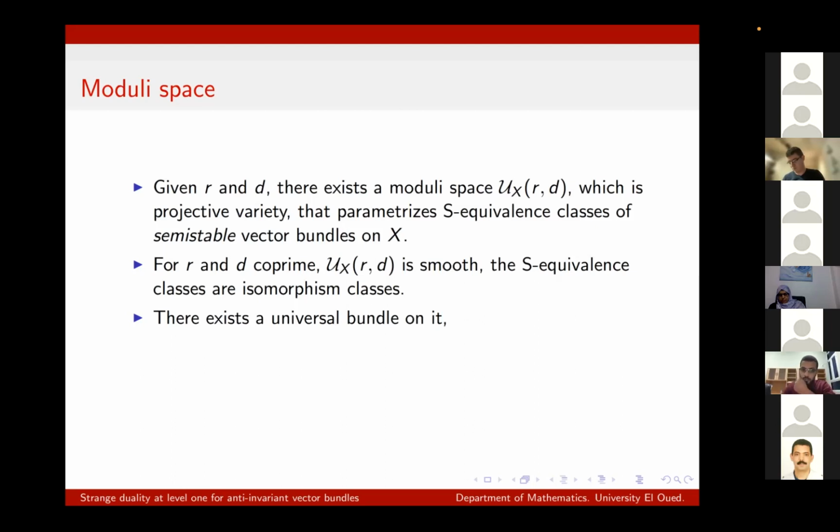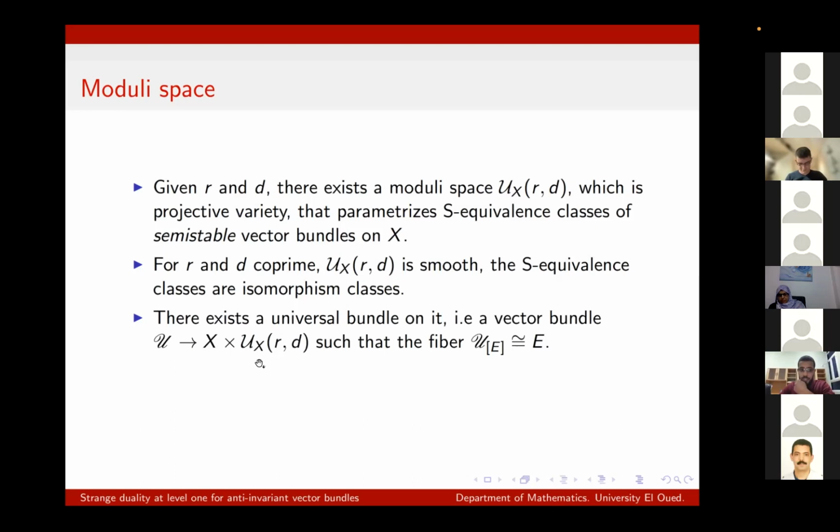Okay, what is a universal bundle? It is a bundle over the product of the base curve with your moduli space, such that its fiber over any isomorphism class in the moduli space is isomorphic to this point itself. So it's a family of vector bundles parameterized by this moduli space, such that the restriction to any point of the moduli space is isomorphic to this point itself. That's what we call a universal bundle.